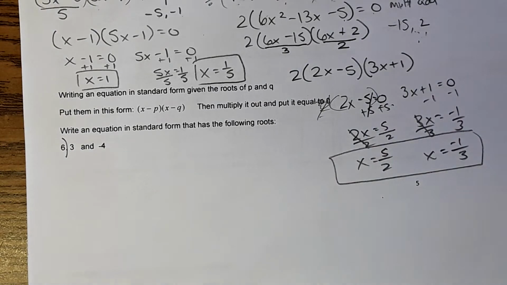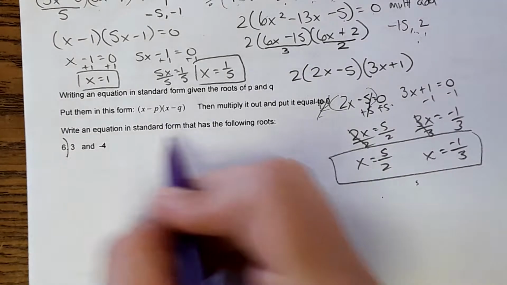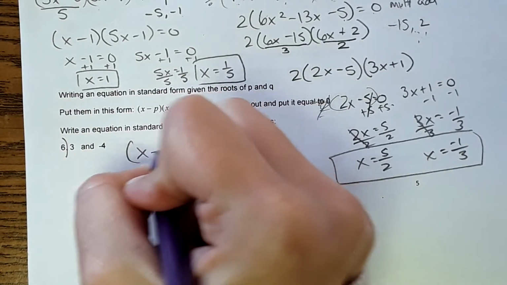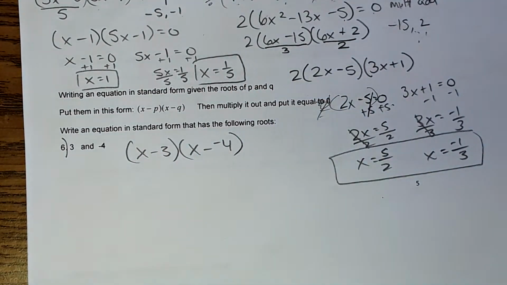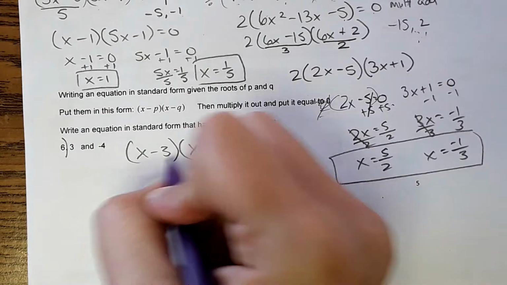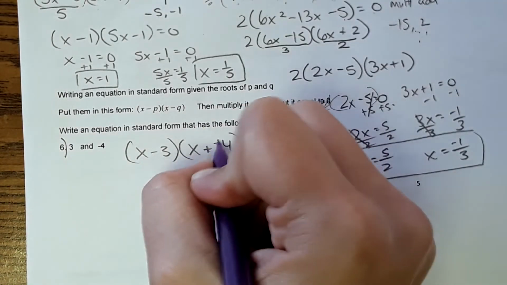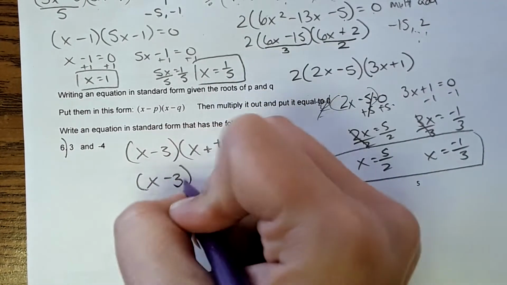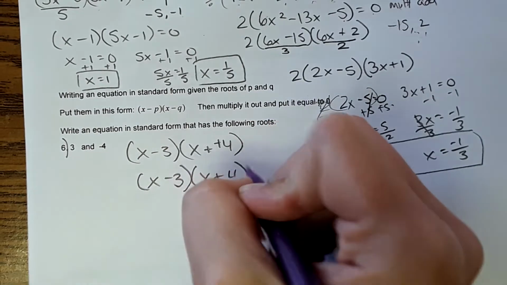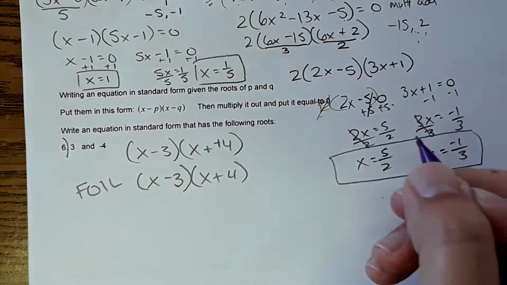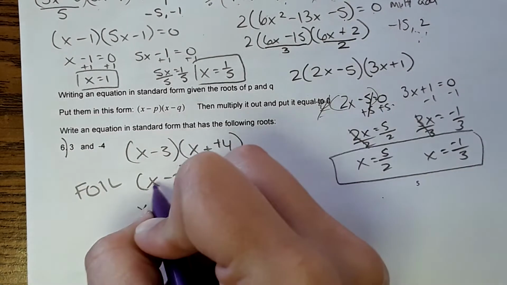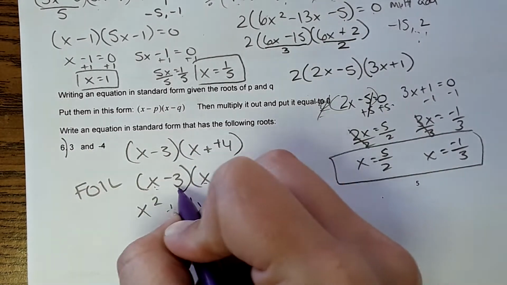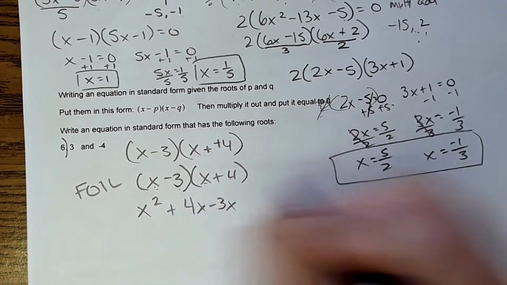Okay, so the next one, it gives us the roots P and Q, and it asks us to plug it in here like this. And then we just FOIL it out. So we got x minus 3, x minus negative 4 would just be x plus 4. And now we FOIL. First, it would be x times x is x squared. Outside, 4 times x. Inside, negative 3x.